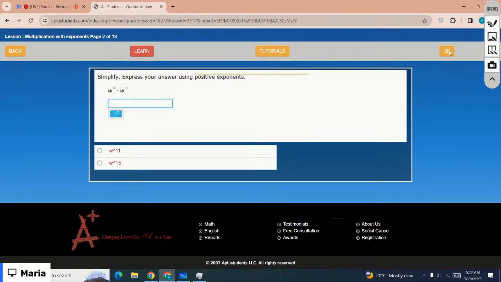So which is the correct option? The correct option is W exponent 11.